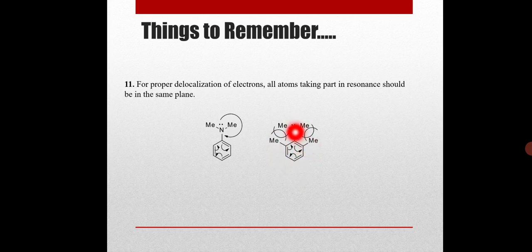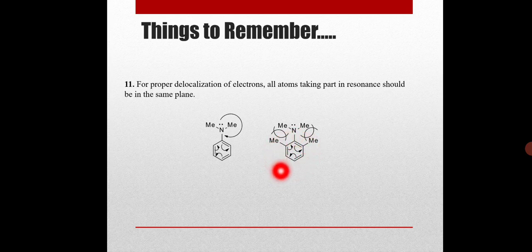Since the nitrogen and the carbon atoms of the benzene ring are not in the same plane, though there is a lone pair of electrons on the nitrogen atom, this lone pair cannot enter into resonance with the pi electrons of the benzene ring.